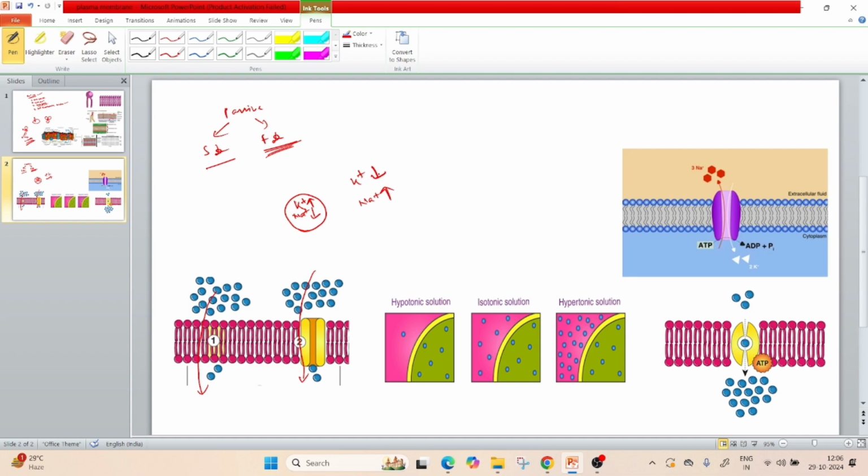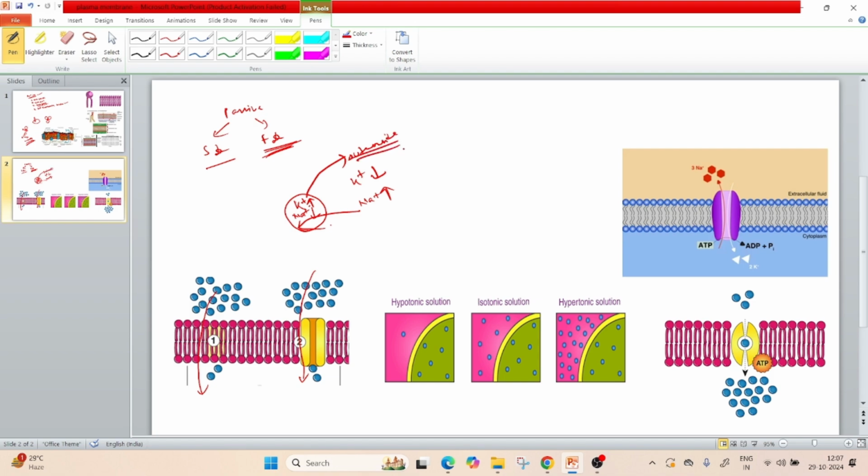Okay. So that means in the simple diffusion or the facilitated diffusion, the sodium always transports from the higher to lower, that means from the outer to the inside. But the potassium through the passive transport always transports from the inside to the outer side.